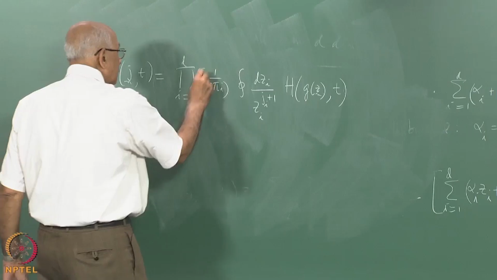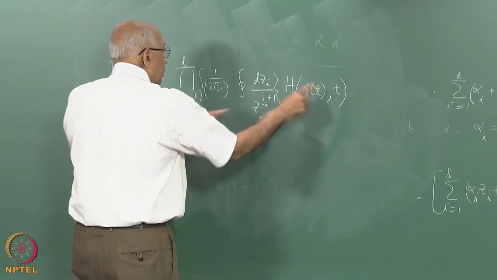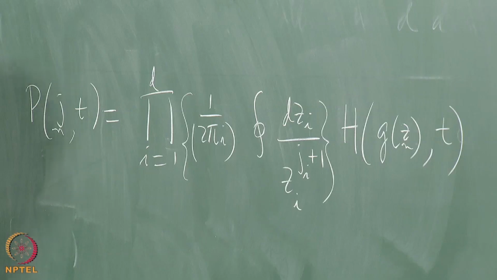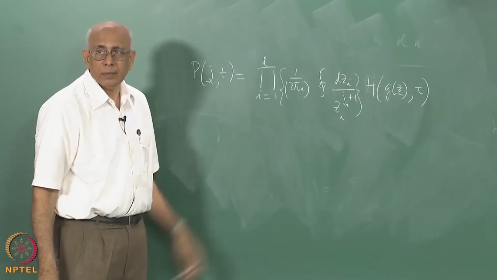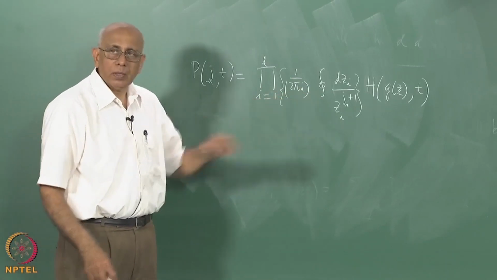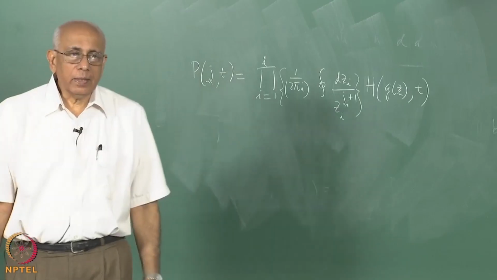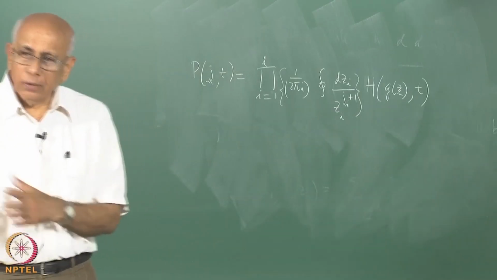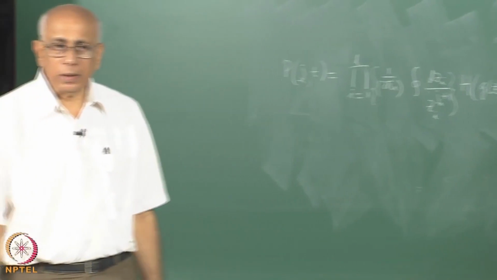So you're just inverting this Laurent series to find the coefficients. This is around a small circle around the origin in the zi plane, and you have to do this for each of the zi's. In principle you got the answer.